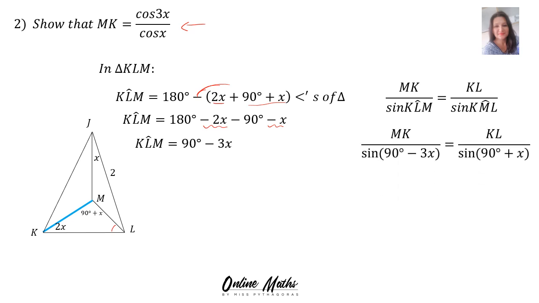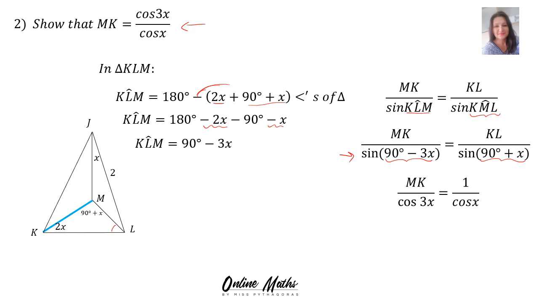In the next step, at the denominator here, we calculated that angle KLM was 90 degrees minus 3x, equals KL over, and then this angle KML was given that it's 90 degrees plus x. So in this one, there are two co-function reduction formulas.